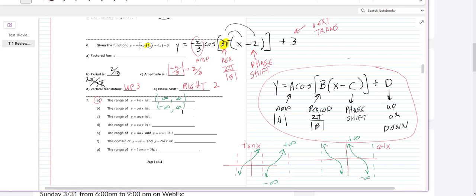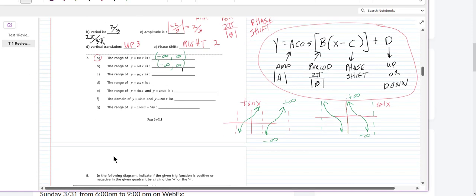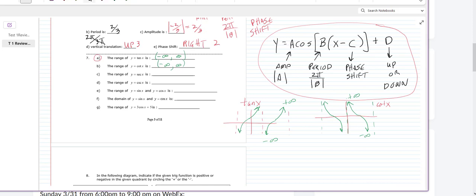Okay, now let me remind you of kind of what a secant graph looks like. Okay, so if you've got a secant, the graph of a secant is based on the graph of a cosine. And when you're doing a cosine, the cosine graph looks like this.